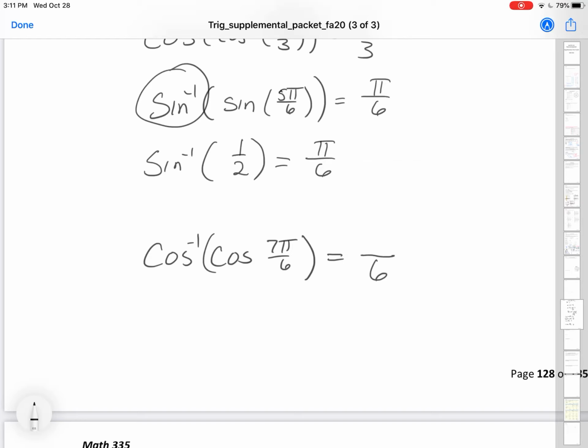The question is, is it pi over 6 or 5 pi over 6? Is it in the first quadrant or the second quadrant? All depends. What's the cosine of 7 pi over 6, positive or negative? Well, 7 pi over 6 is a third quadrant angle, so the cosine is going to be negative.